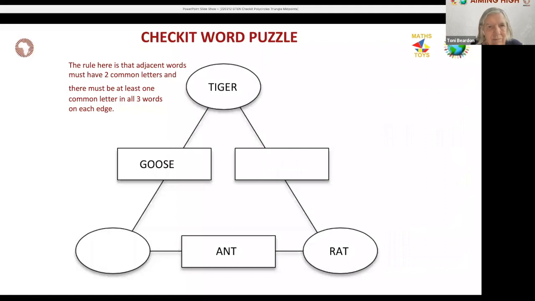And you could do this with different words. Just the same way that we played with Tony when we were doing the numbers, children can come up with different words and, going by the rules, come up with words where the word on the edge has at least 2 common letters with the 2 words at the vertices.